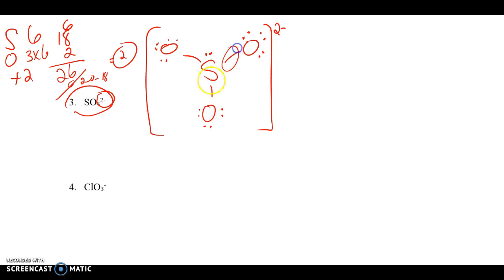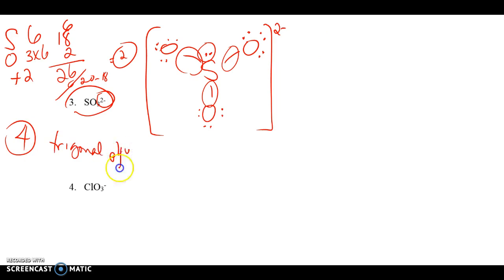So we have 1, 2, 3, 4 sets of electrons around the sulfur. So you would go to your geometry page and look at 4 total sets of electrons, 1 lone pair, and this will give you the trigonal pyramid, which is our camera with the oxygens coming out as the tripod, with the lone pair sitting up here.